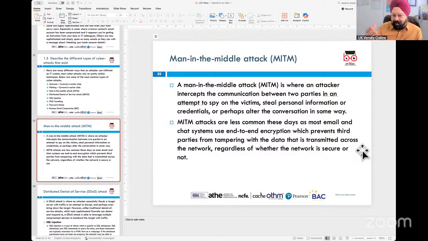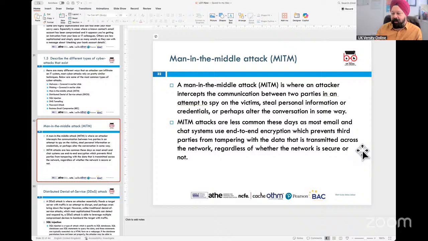So something very similar happens when we look at this happening online using a man in the middle attack, which is an attacker intercepting the communication of two parties in an attempt to spy or steal information. And that would be the man in the middle attack.